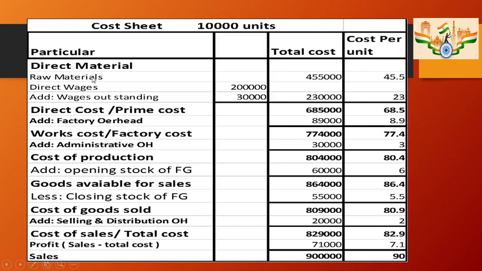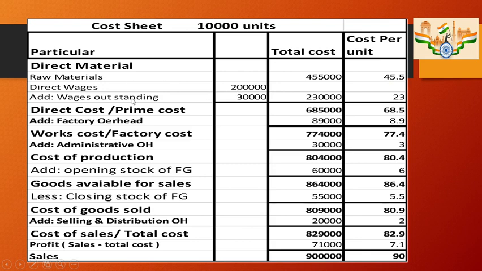Okay, now move to raw materials, that cost is 4,55,000. So how I arrived at the cost per unit? 4,55,000 divided by 10,000 units. So cost per unit 45.5. Then direct wages is 2 lakh.